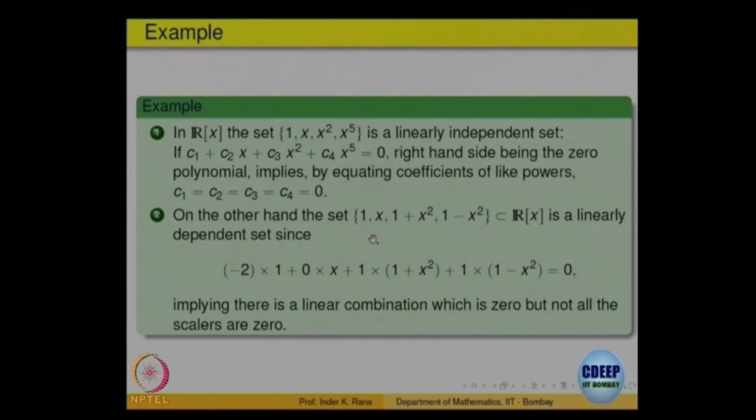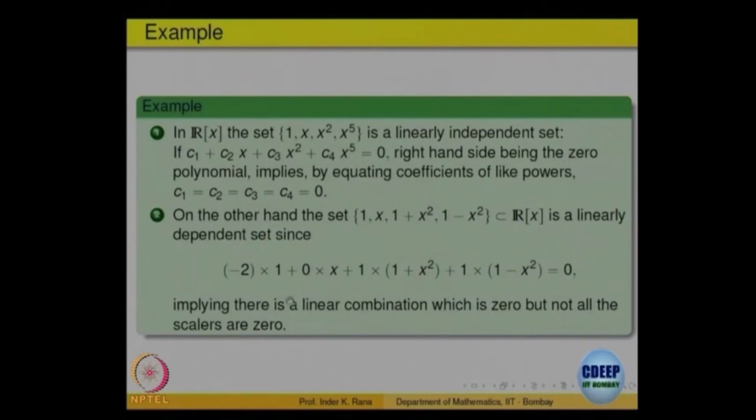Let us look at this. I am looking at all polynomials now. I am looking at the polynomials 1, 1 plus x square, and 1 minus x square. It is a linearly dependent set. Why dependent? If I want to show it is dependent, what should I do? Show some linear combination is 0, where not all the coefficients are 0.